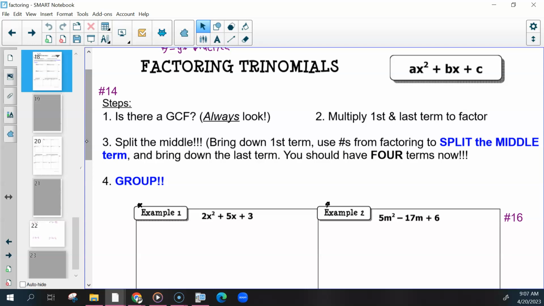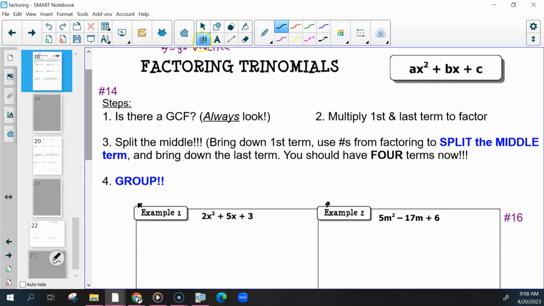The basic trinomials are A equals 1, where there are 3 terms, and the number here is 1, so you're looking for 2 numbers that multiply to the last, add to be the middle. This is kind of like that, but different, because it also talks about the grouping that we talked about last class. So it's like a mixture of a few different things.